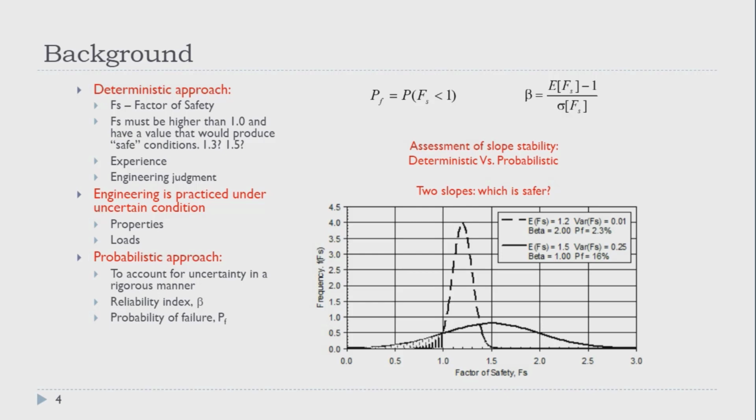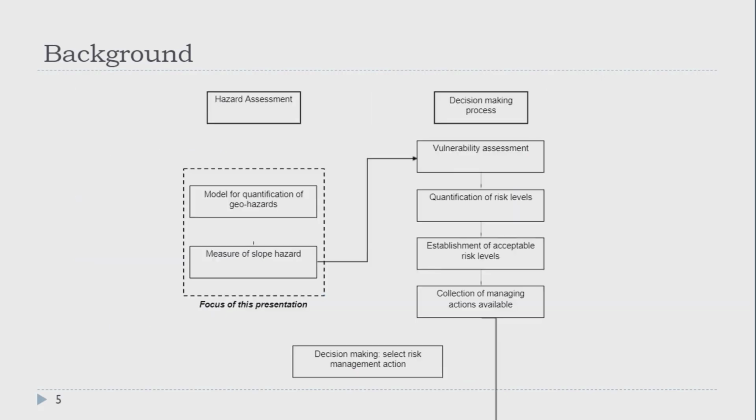That is because the level of uncertainty can change for each slope condition. So in the end, the probabilistic approach introduces additional measures of slope stability that help us introduce this variability: the probability of failure and the reliability index.